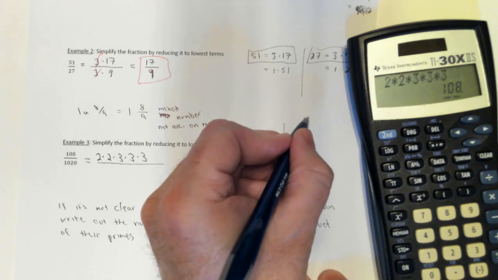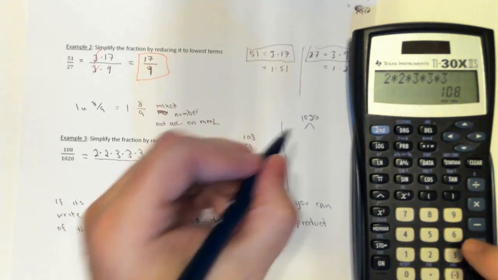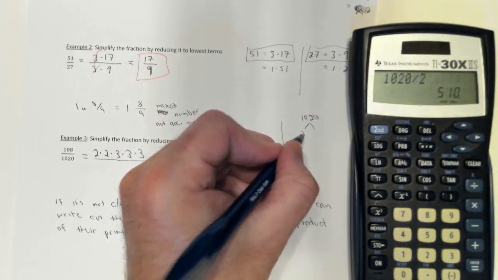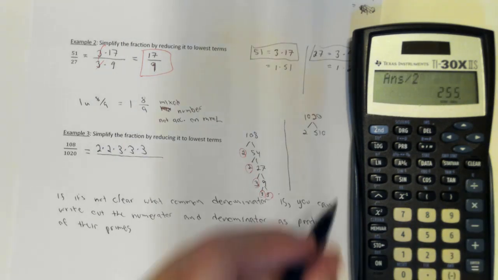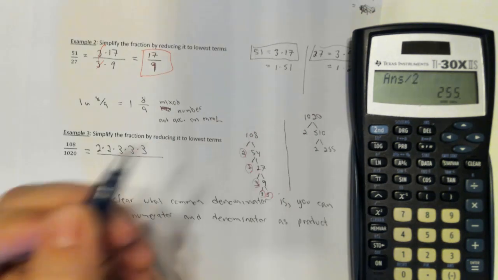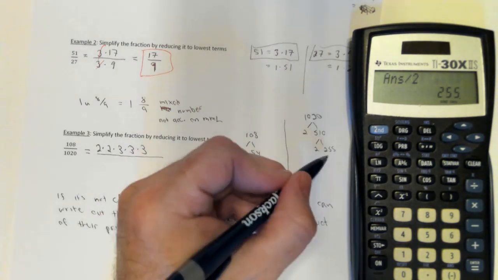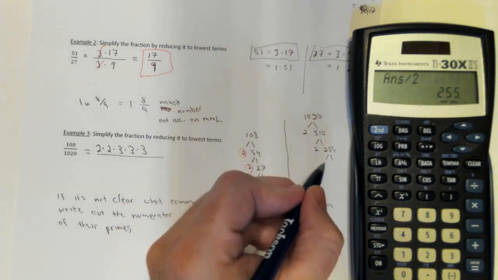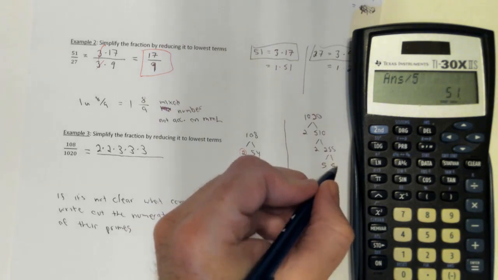Okay, same thing for 1020. 1020 is divisible by 2. 510 is divisible by 2. 255 is not, but you should recognize that any number that ends in 5 or 0 is divisible by 5. So that's the next one. Divide that by 5, you get 51.